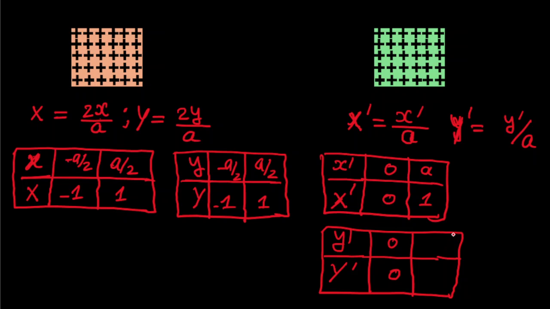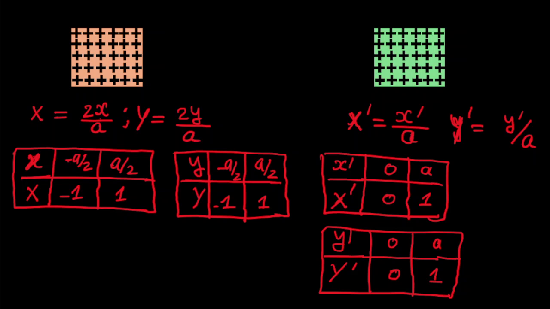And when you put small y prime equal to a in this equation, then capital Y prime will be plus 1. Okay, so this will be the new limit of the integration. And we also have to replace the integrands. For the first integration, we replace by the variables capital X and capital Y. And in the second integration, we replace small x prime and small y prime with capital X prime and capital Y prime.